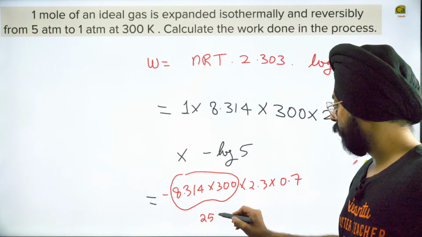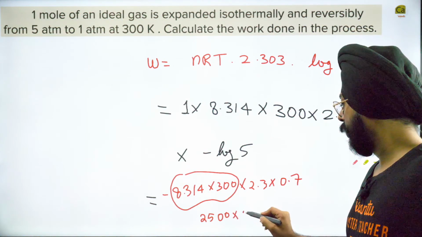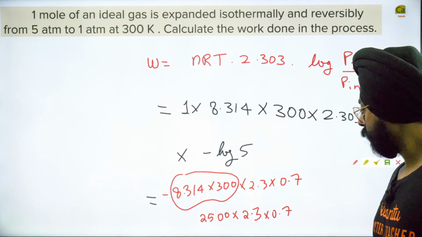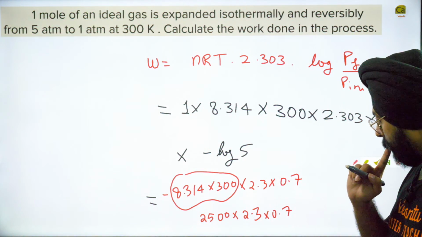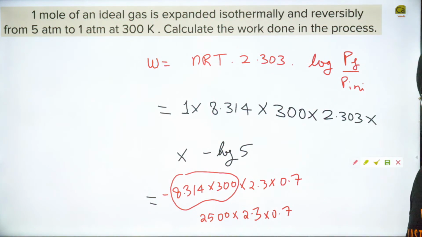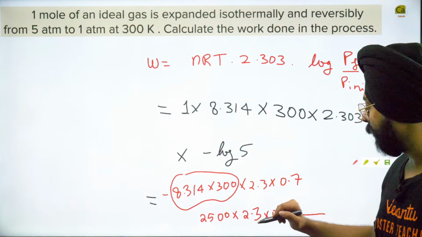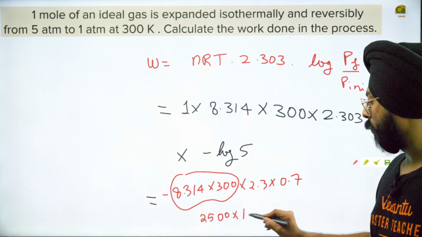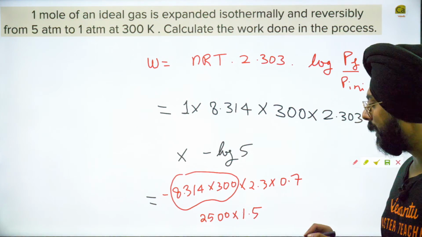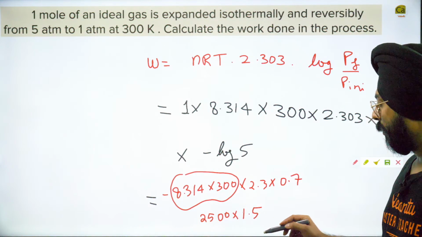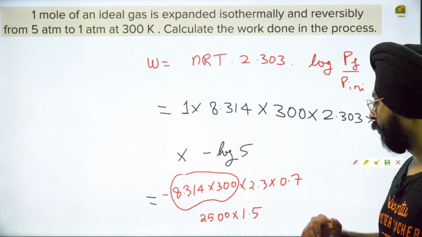So 25 into 2 zeros, that is 2500. 2.3 into 0.7. अच्छा, तो अब इसको कैसे approximate करें? 7 into 2 is 14. I'll approximate this as 1.5. Is that a good approximation? I don't know. So 25 into 1.5 will give you your answer.